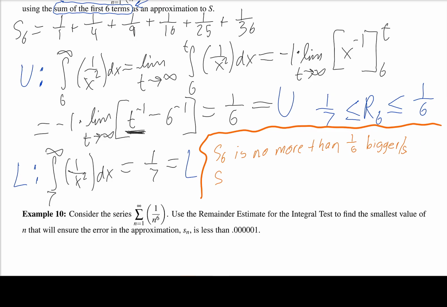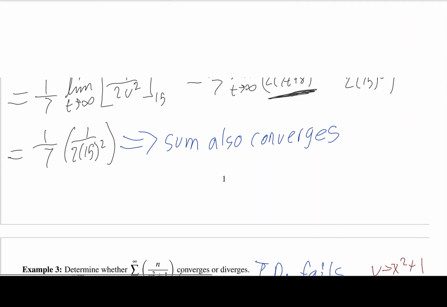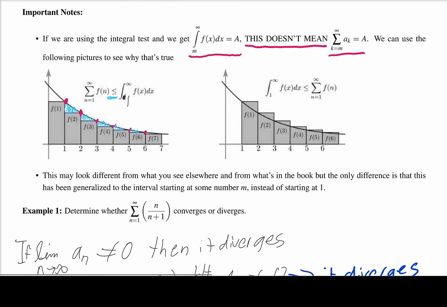To give you an idea of what I'm talking about here, if we go back to this first picture, we could take a remainder. In this case, our approximation is going to be bigger than the actual sum, but in this case our approximation would be smaller than the actual sum.